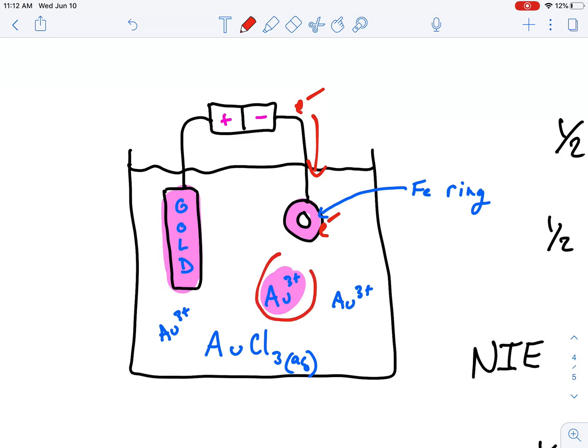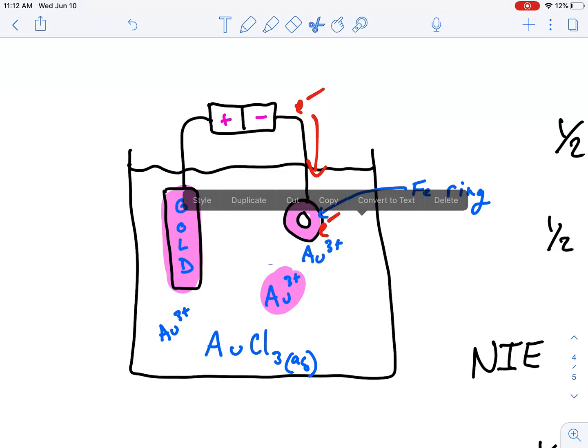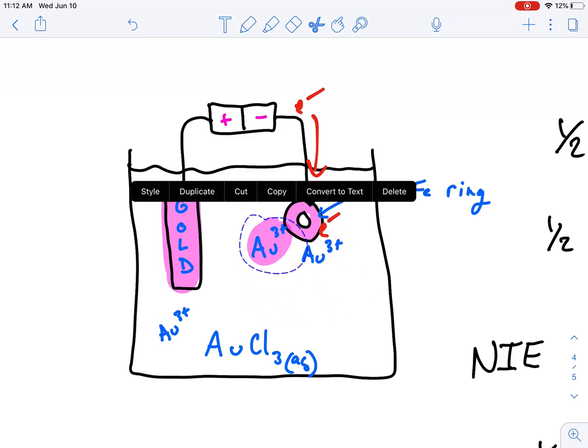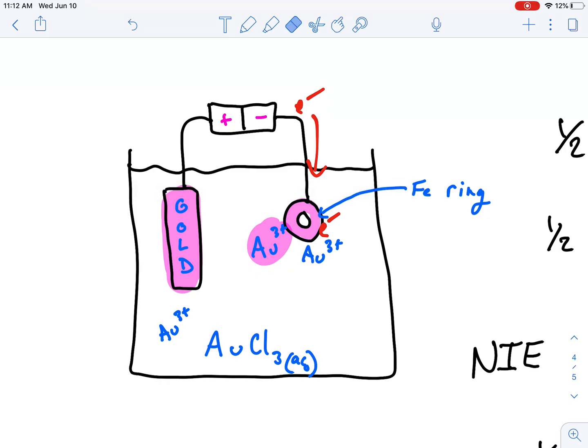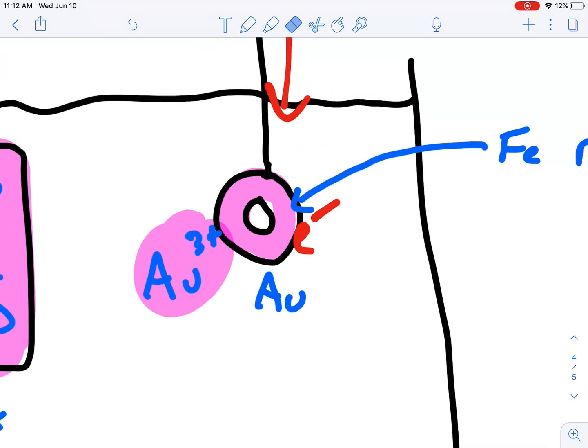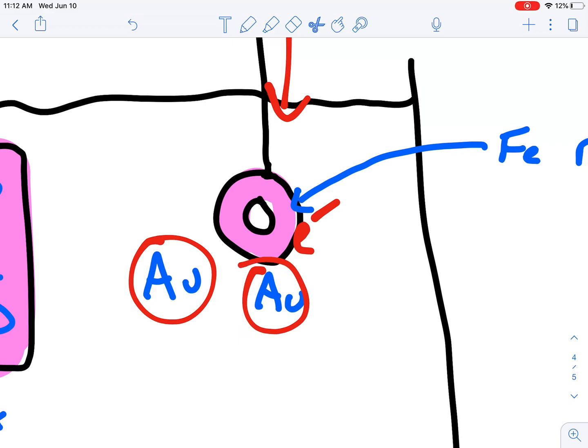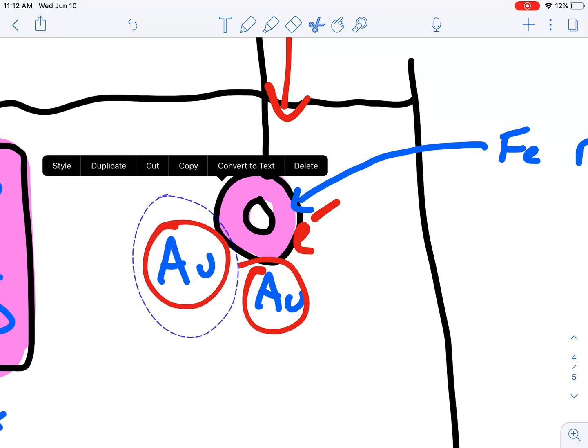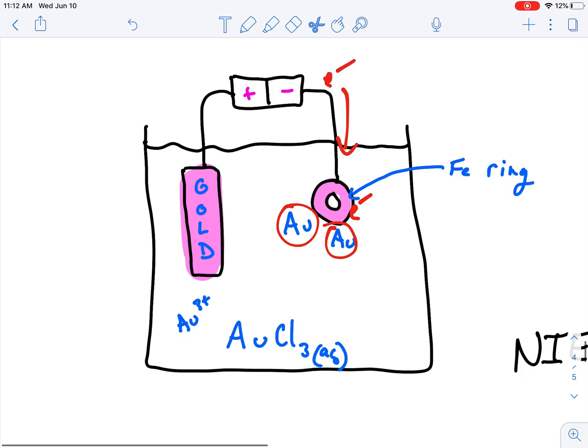Those electrons are going to grab onto these metal ions in solution and deposit them as gold atoms. You're removing the charge as you add on electrons. So these would now be atoms of gold that have been plated on my iron ring. That's how that works.